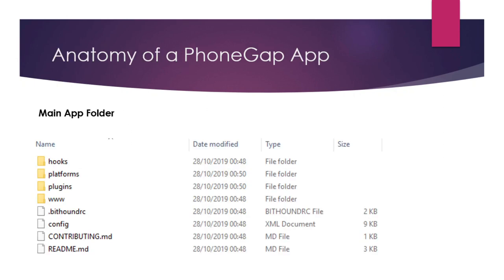Now let's look at the anatomy of a PhoneGap app. It's a very important thing to note. Every PhoneGap application will have this structure, whether you're generating it from a command line, using PhoneGap Desktop, or even downloading the folder from GitHub or some other place. It follows this format.